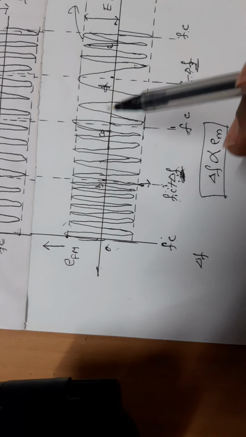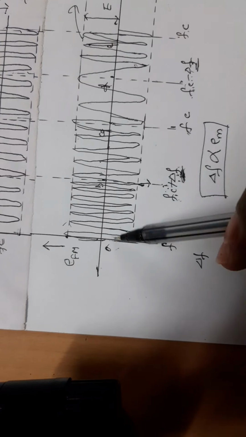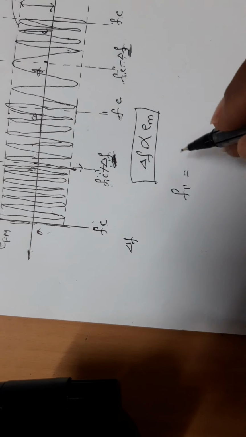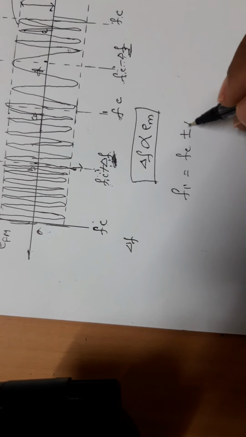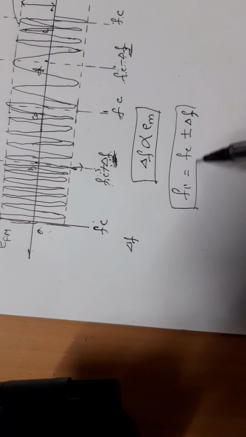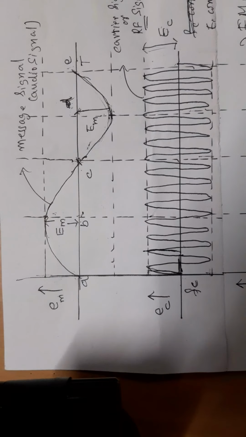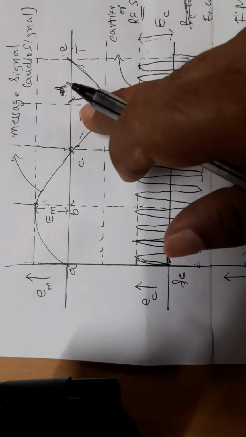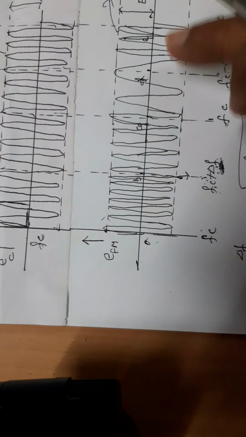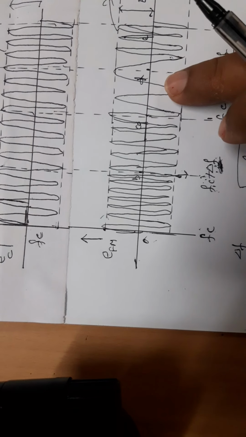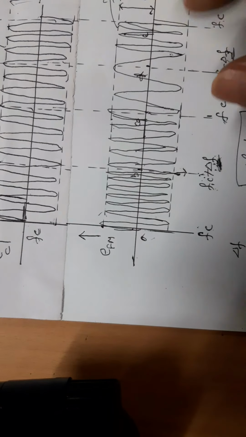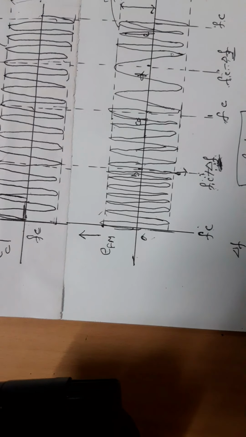Therefore, the instantaneous frequency of this modulated FM signal is Fi, which is equal to Fc either plus or minus delta F at any instant you can take. This is the instantaneous value. So, this is the graphical representation of the modulating signal and the carrier signal before modulation. Since this frequency is high, you can also call this the carrier signal, radio frequency signal, but with change in frequency. This is the frequency modulated wave.